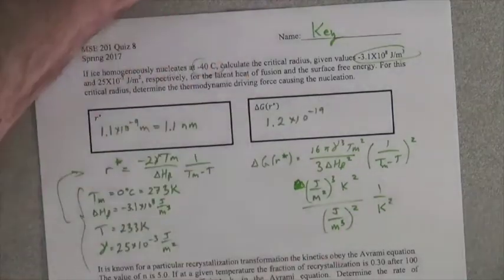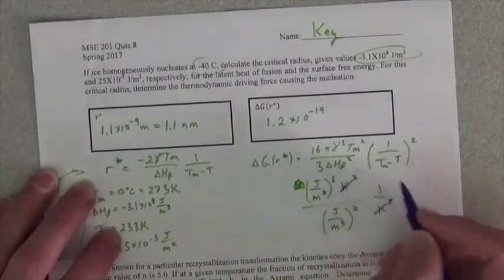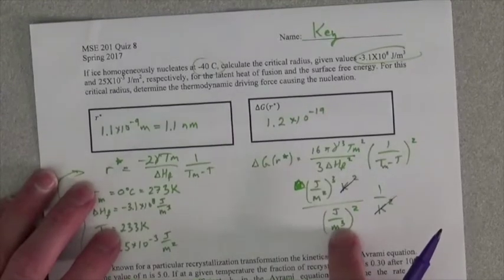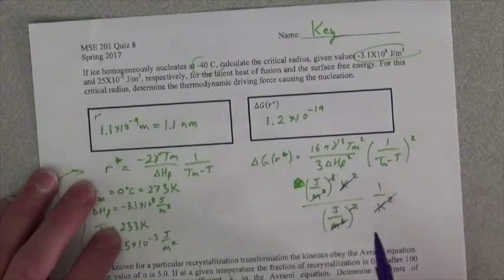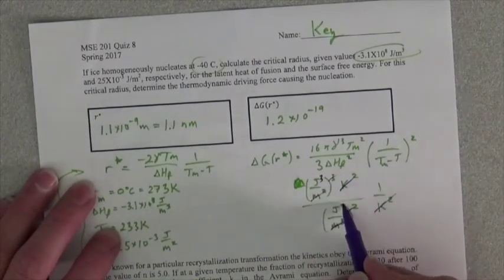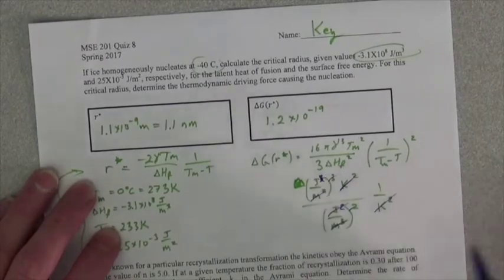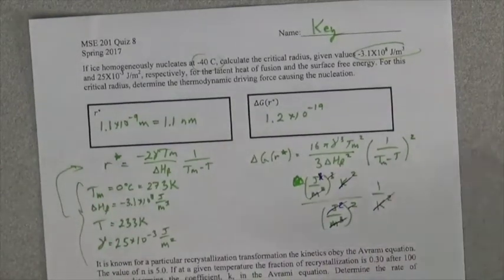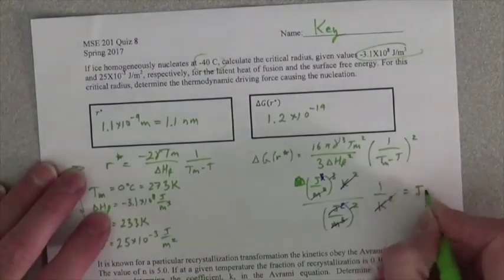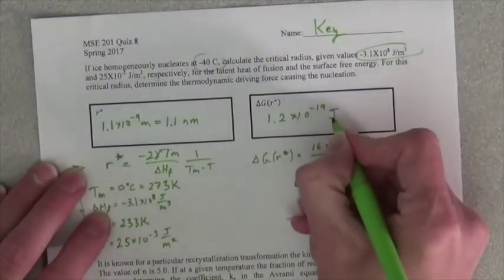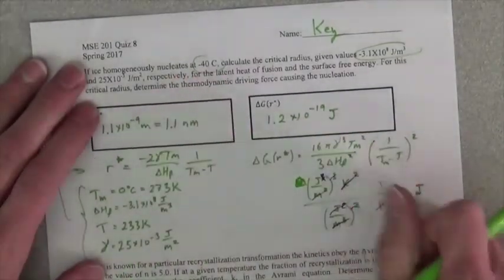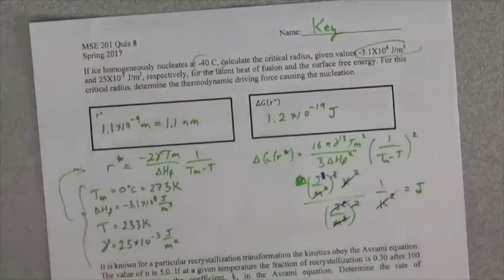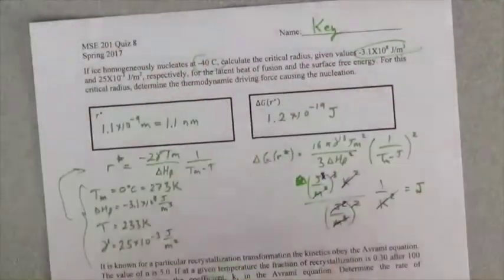The K's cancel. That's meters to the 6th. That cancels. That is joules cubed over joules squared. So the joules squared cancels, leaving joules. So the unit analysis on this gives us joules. You can think of this either as joules or joules per nucleating particle, because if you remember in the derivation, we derived this for a single nucleus that's forming.